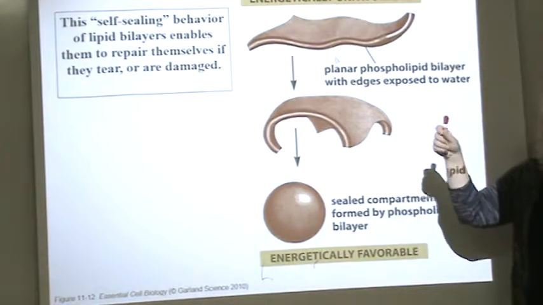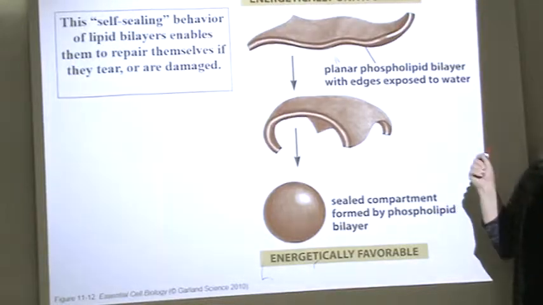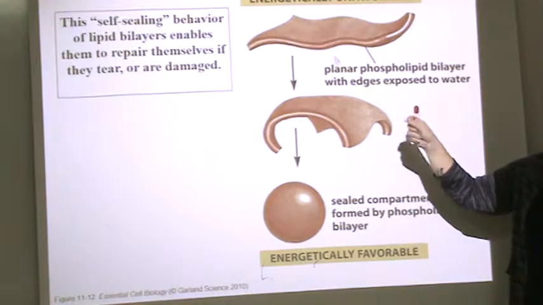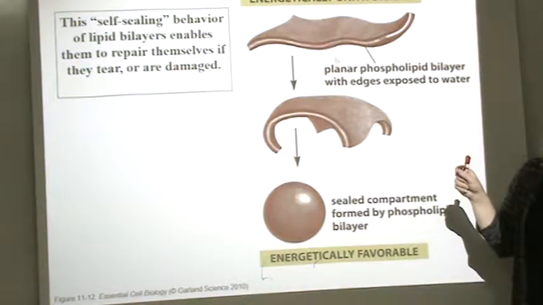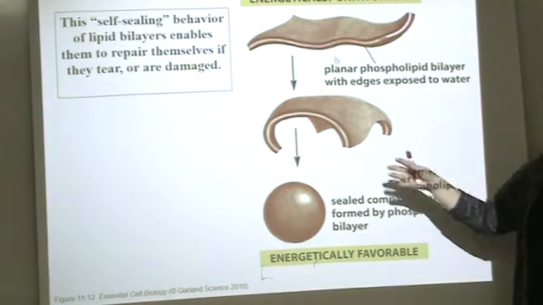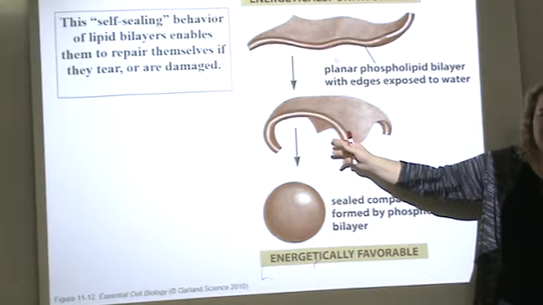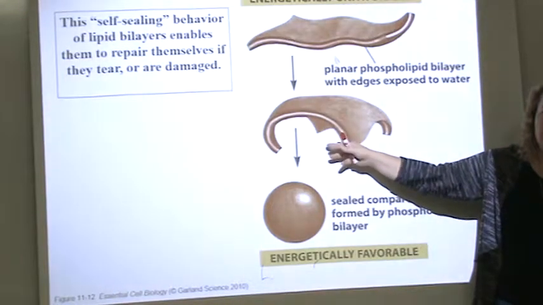Like if you took a tiny probe and stirred around, let's say, the endoplasmic reticulum inside a cell and broke it up, it would self-seal and still function to a certain point.